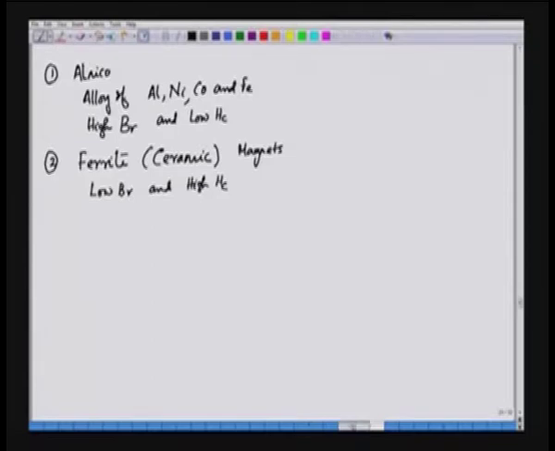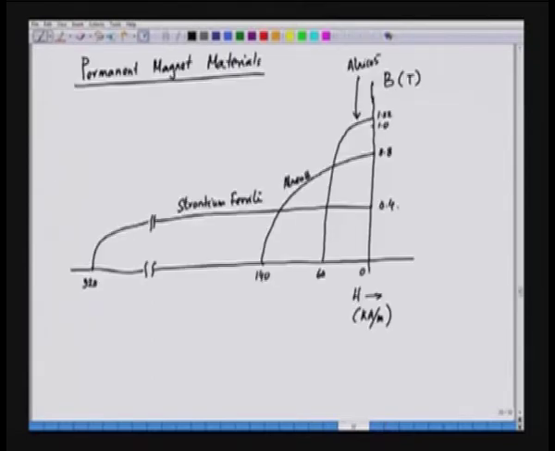As we are seeing here, Br is very low; the residual flux density is only 0.4 Tesla, but H is 320 kiloampere per meter. This is strontium ferrite.